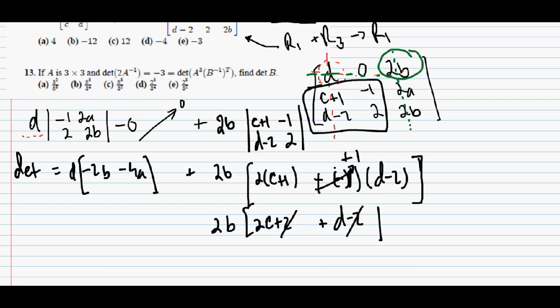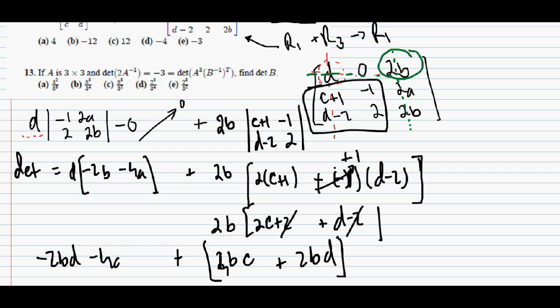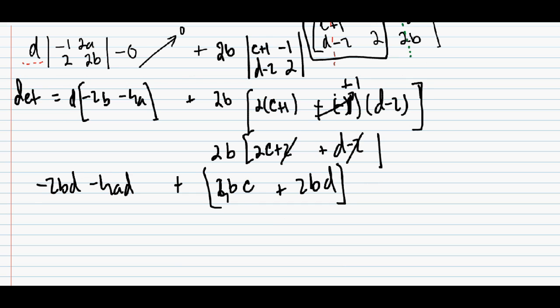What do we have now? We have 4bc plus 2bd, and over here we have -2bd minus 4ad.